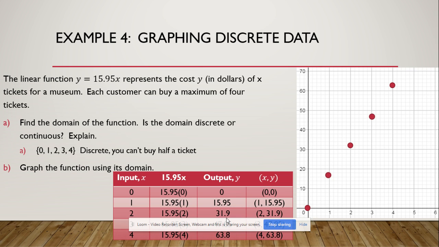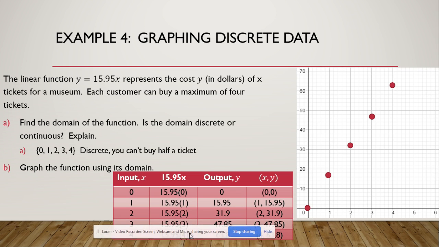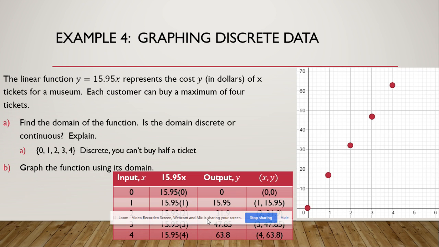Okay, now that we've got all of those put in there, the big question is, do I draw a line through them? In this case, no. Remember that we said that the data is discrete, meaning it can't be any of the numbers in between the whole numbers. We couldn't have a half.